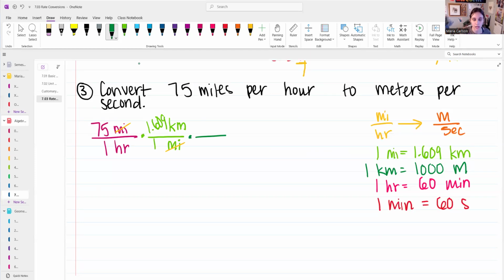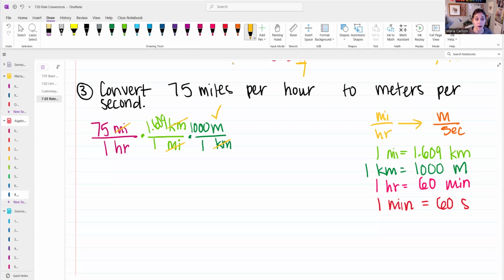And 1 kilometer, right? Kilometers needs to be in the bottom and meters needs to be on top. 1 kilometer is 1,000 meters. So now the kilometers are going to cancel in the top and the bottom. And our unit of length on top is meters, which is exactly what we would like.